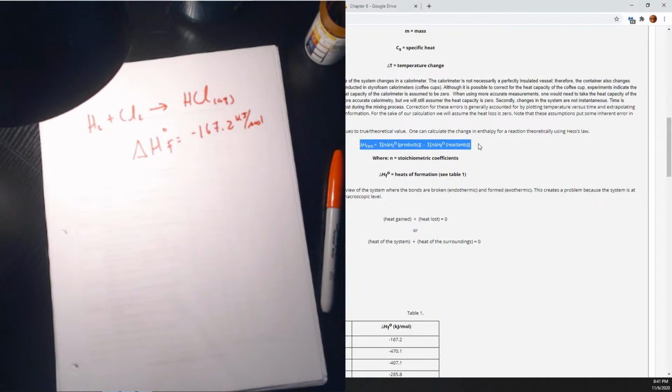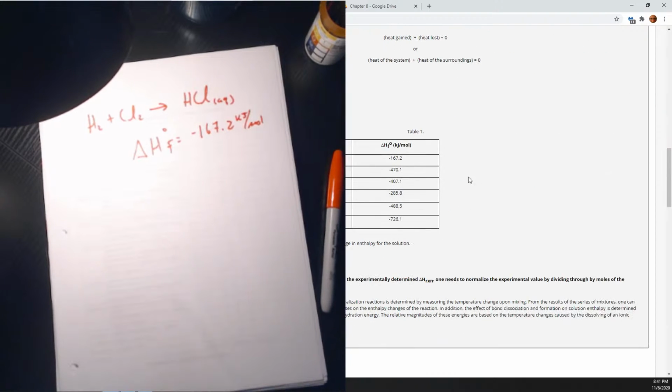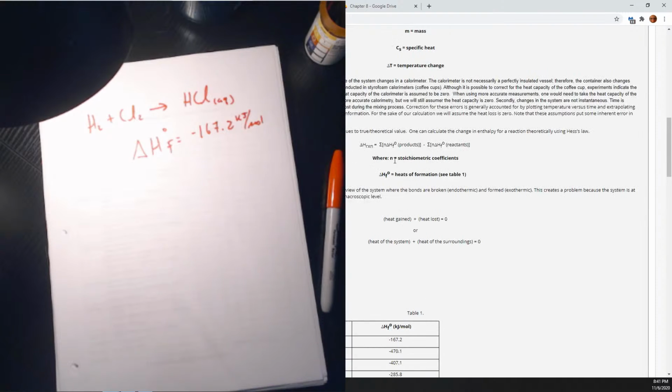Okay, it says delta H of reaction is a complicated looking formula. What this means is you find the enthalpy of formation of all your products and all of your reactants. You're going to multiply them by the number of moles in the balanced equation. That's what the n there means, the coefficient. You multiply the coefficient times the enthalpy of formation for each product. Then you add all the products together. That's what this guy here means, the Greek letter sigma.